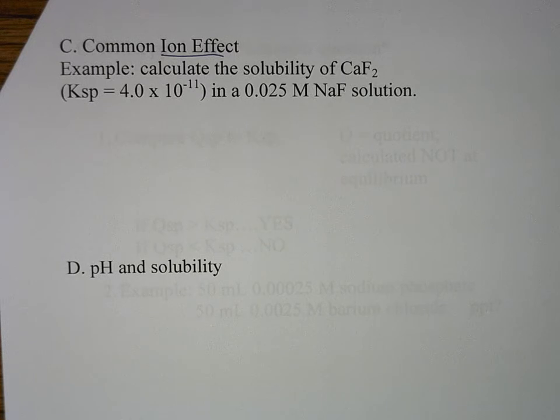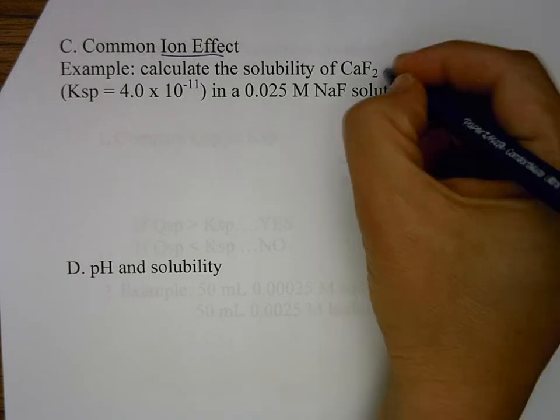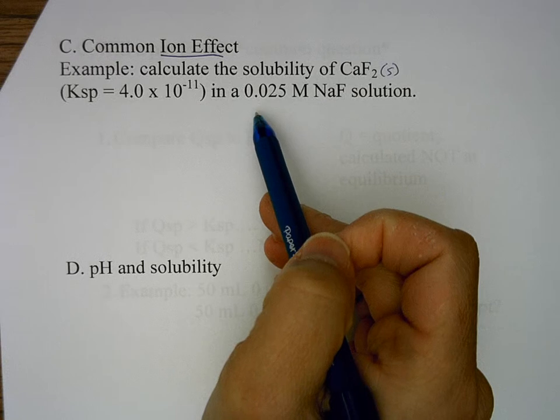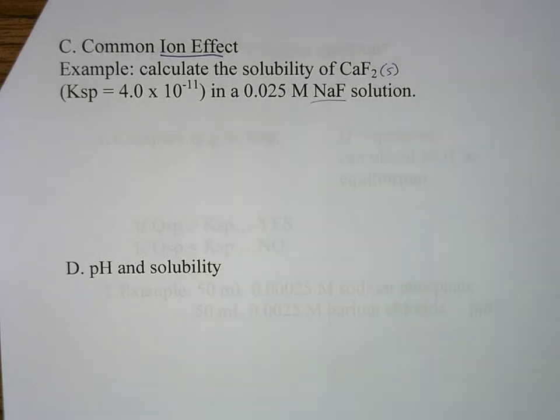The common ion effect is the same idea when we're dealing with the solubility of salts. If you have an initial concentration of one of the products, it doesn't allow the ionization to happen as much. This example says to calculate the solubility of calcium fluoride, with a KSP of 4 times 10 to the negative 11. But I'm dumping the solid calcium fluoride into a solution that already has 0.025 molar sodium fluoride.